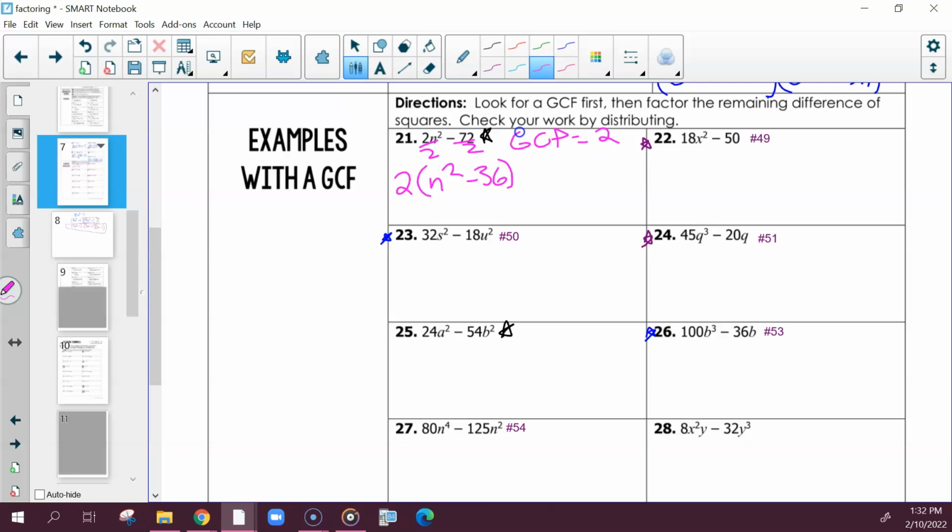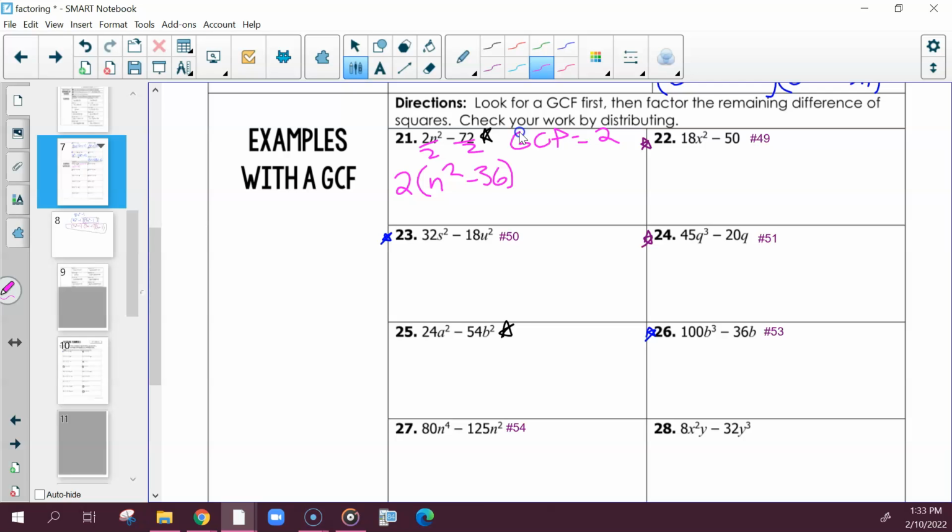After you get to this point, you need to ask, can you divide out anything else? Can you divide the same number out of both of them? No. So we don't have another GCF. If that's the case, then you can ask, can we do difference of squares?